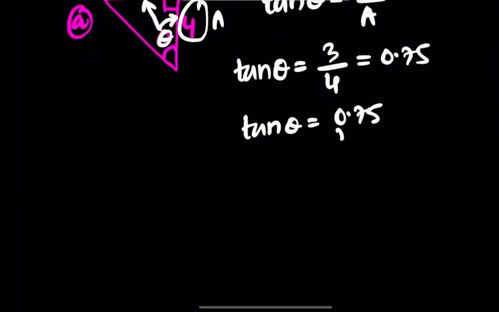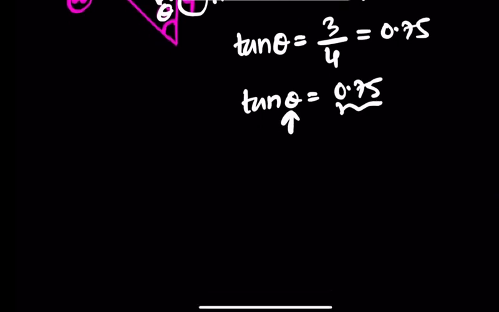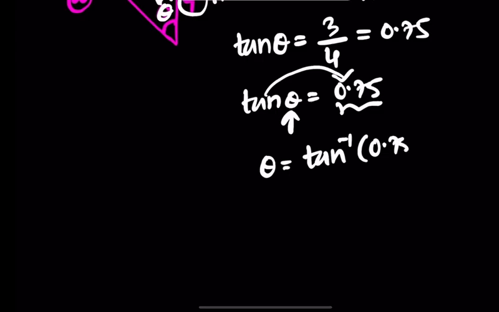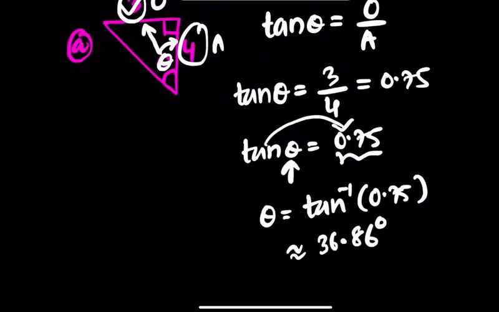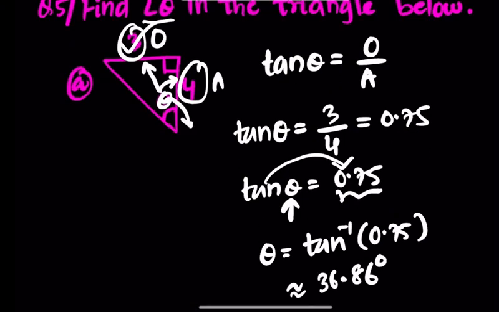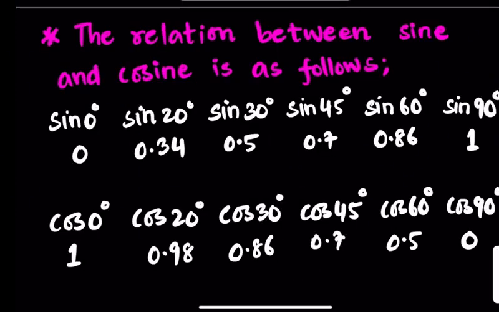But we are not just asked to find this ratio, rather we are asked to find this angle. So to find this angle, take the tan to the other side. Theta equals tan inverse of 0.75, which is approximately 36.86 degrees. So the angle here is 36.86 degrees.